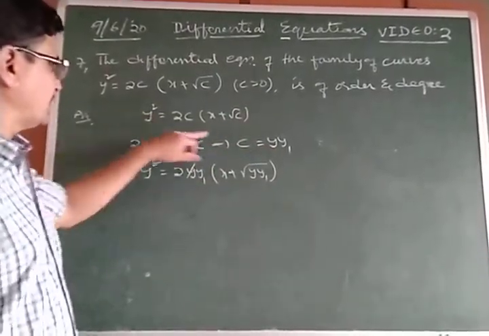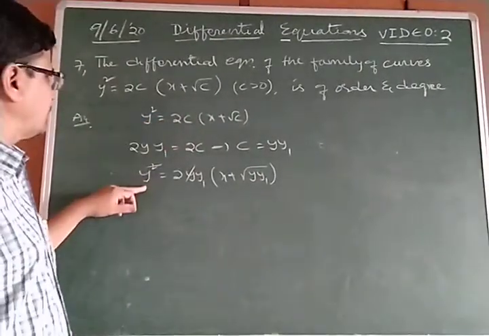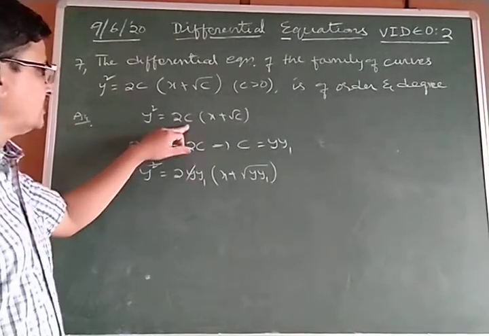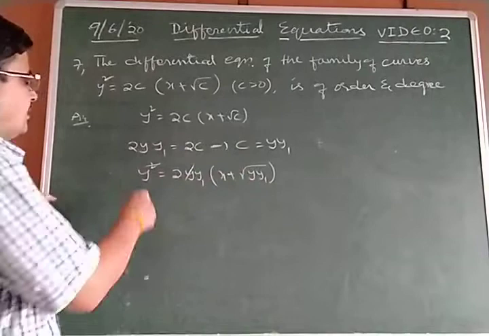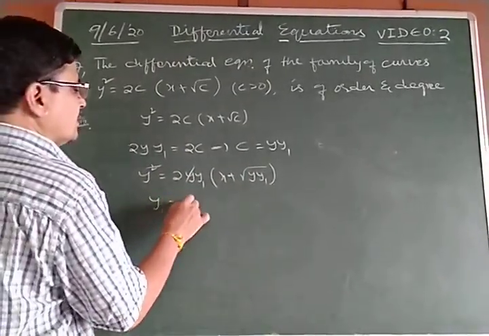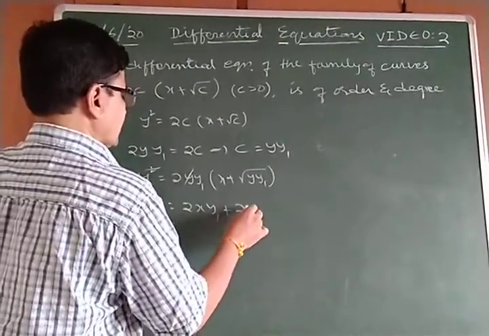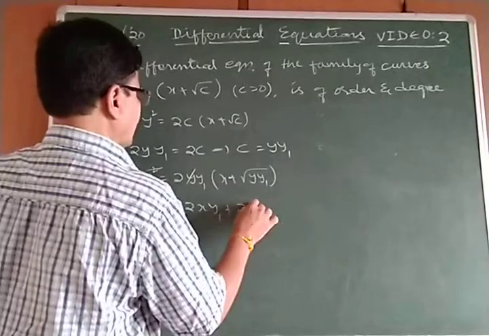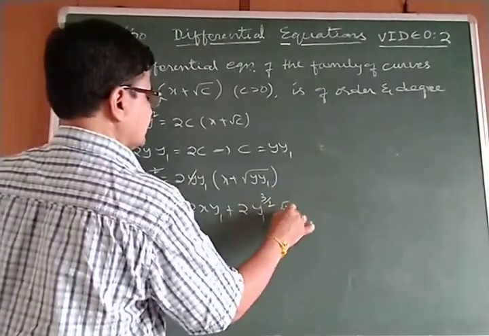Substituting this c is equal to y into y1 in the given equation, that is y square is equal to 2 into y y1 into x plus root of y y1. Now y is cancelled on both sides, that is y is equal to 2x into y1 plus 2 into y1 to the power 3 by 2 into root y.